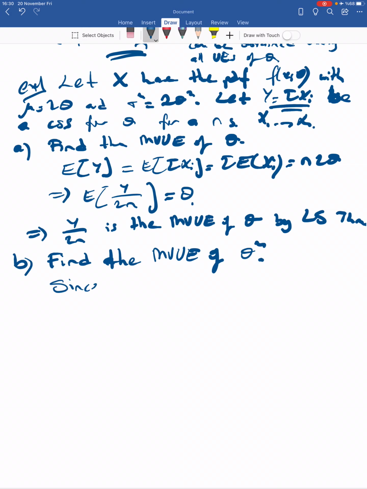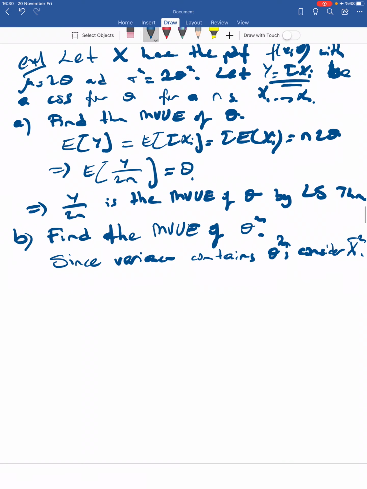So since variance contains theta square, consider summation xi whole square, or writing this one is easier. Okay, so consider expected x bar square, which is the variance of x bar plus expected x bar whole square. What was the variance?